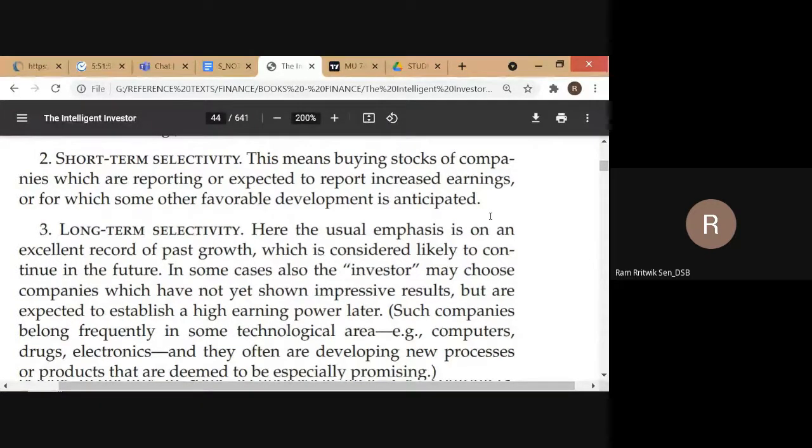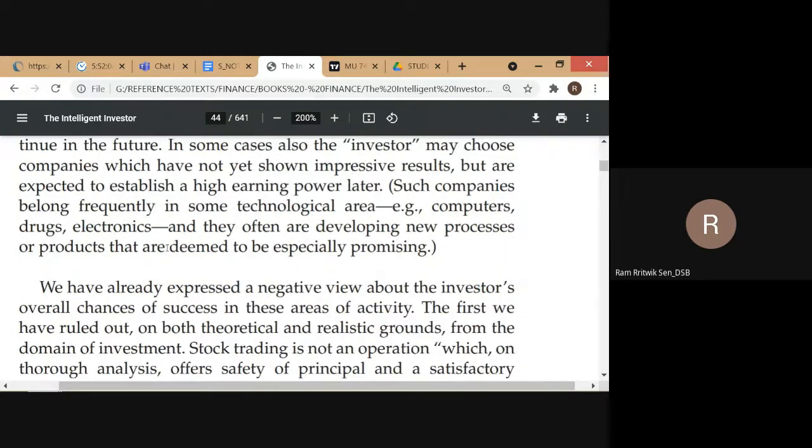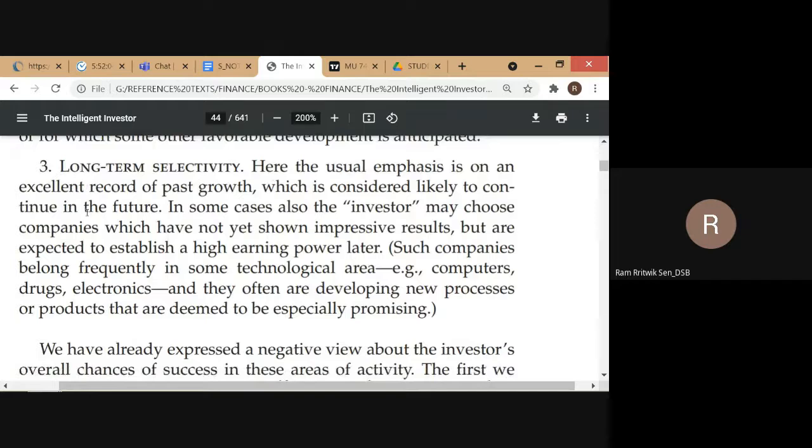Long-term selectivity. He's talking about either selecting stocks that have done well in the past, with good earnings generation, or sometimes those which are not really earning money, like a lot of the tech stocks, but are expected to earn money.